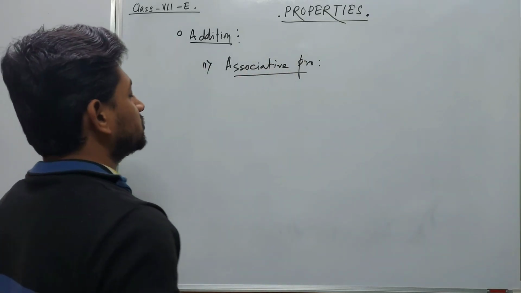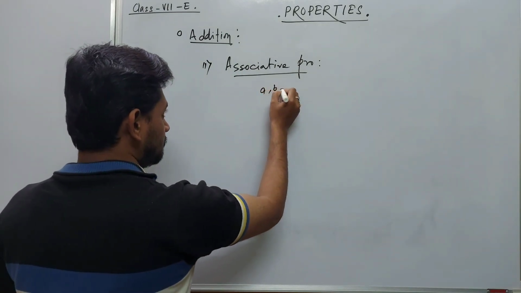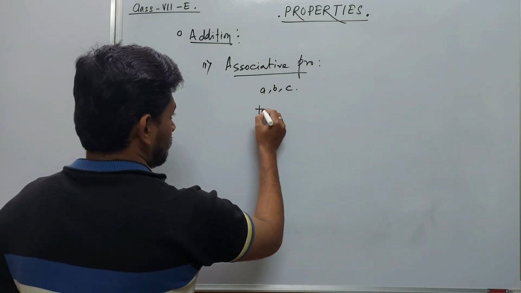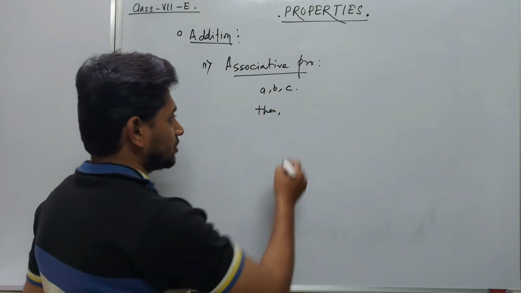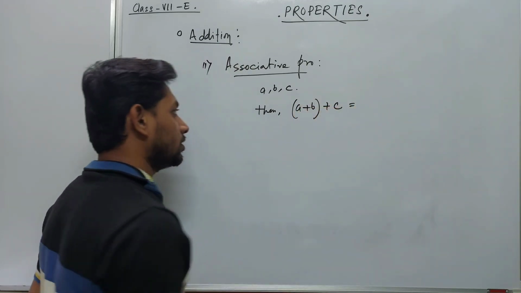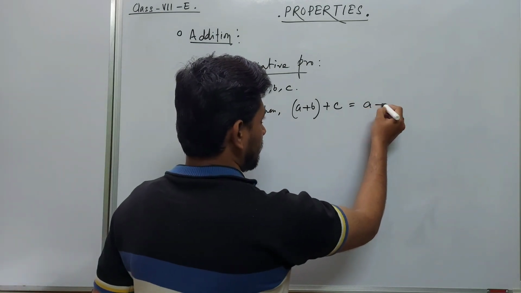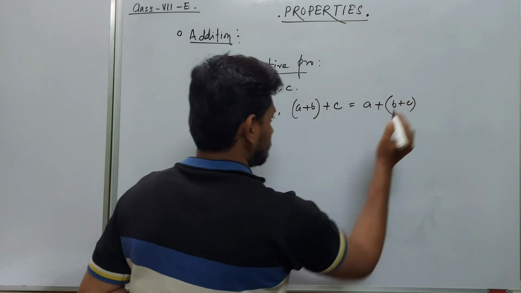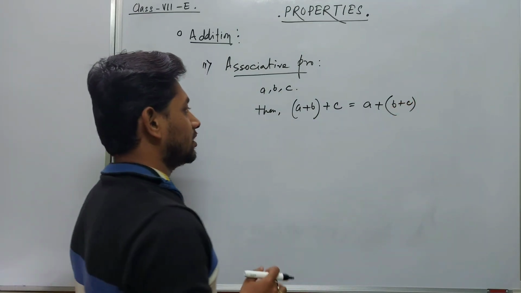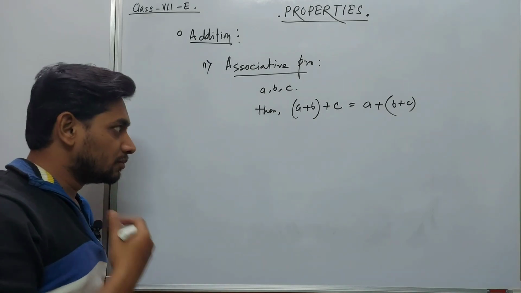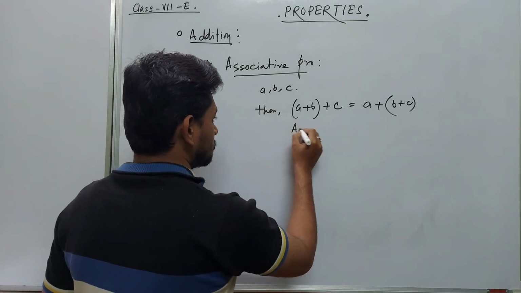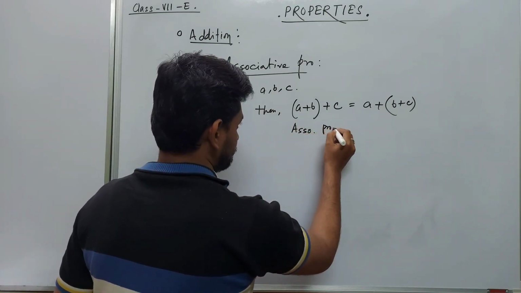If we take three integers a, b and c, then we can write (a plus b) plus c is equal to a plus (b plus c). That is, the grouping is changed but the result is the same. This is called the associative property.